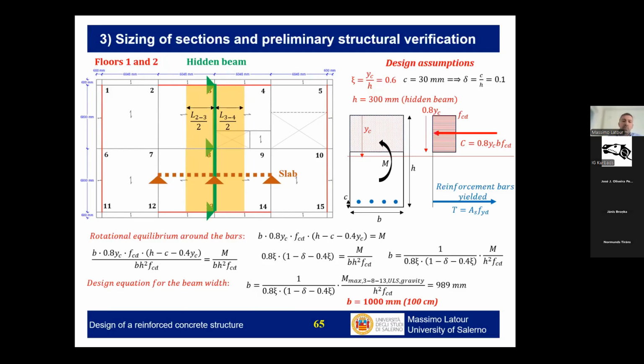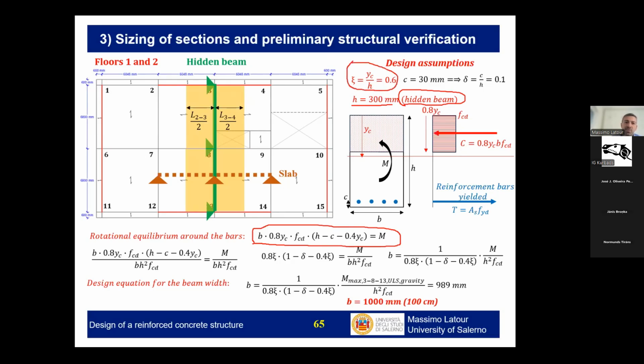Of course, if we want to design these beams, in this case, this is designed as a hidden beam because we don't want this to be part of the framing. So the height is fixed. And here you find a very typical formula for the design under bending. Basically, we can write a translational and rotational equilibrium here, assuming a certain depth of the neutral axis.